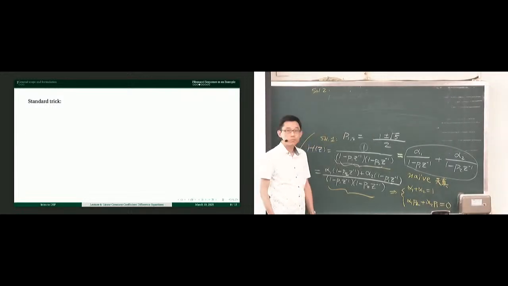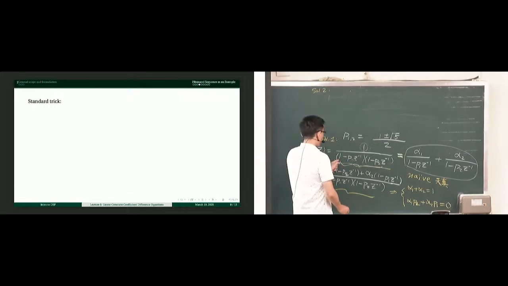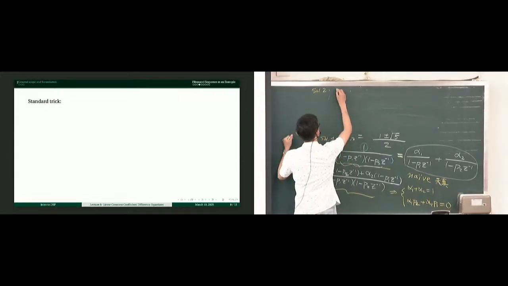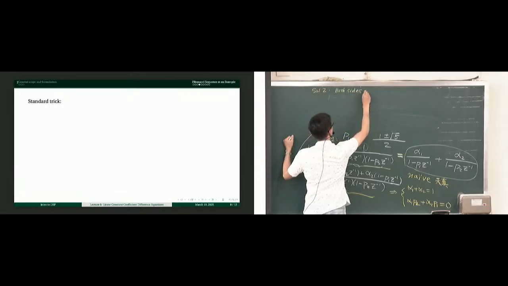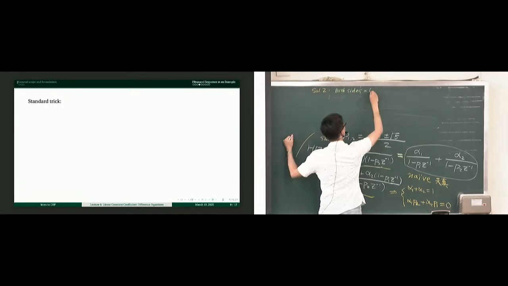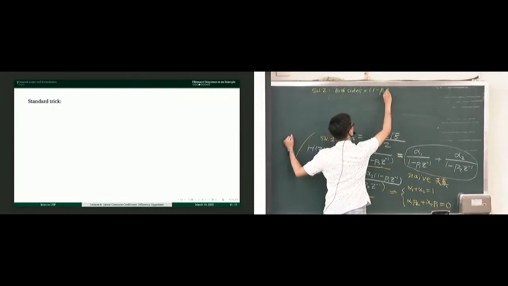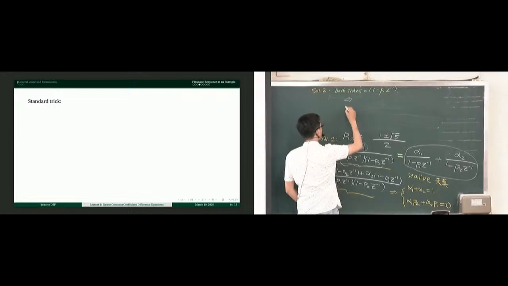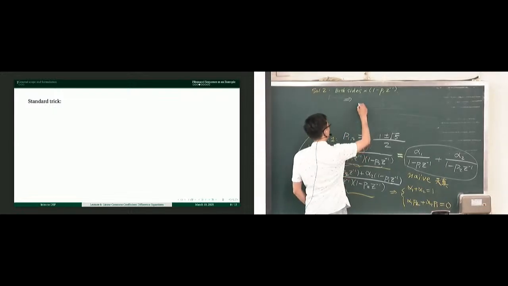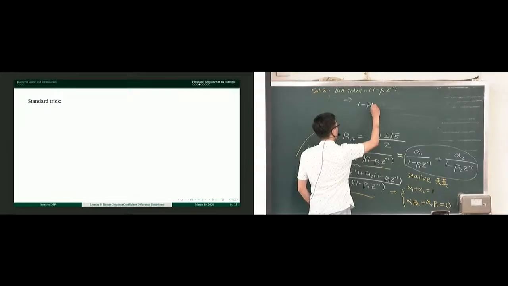And then let's multiply both sides of the equation by a factor. Let's multiply, for example, both sides with the factor of 1 minus P1 Z inverse. So let's do this, okay? The equality should still hold, okay? So as a result, if you do that, then on the left we have this term.